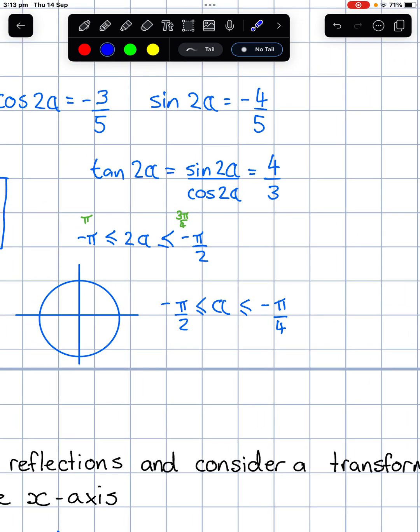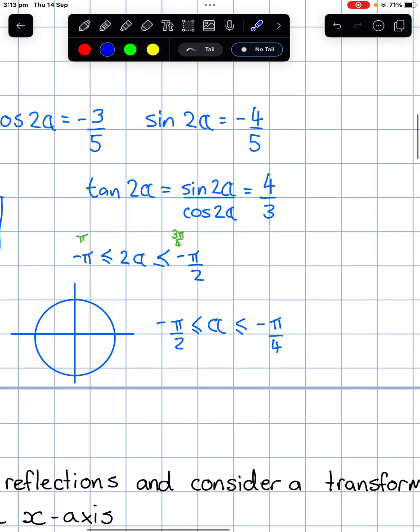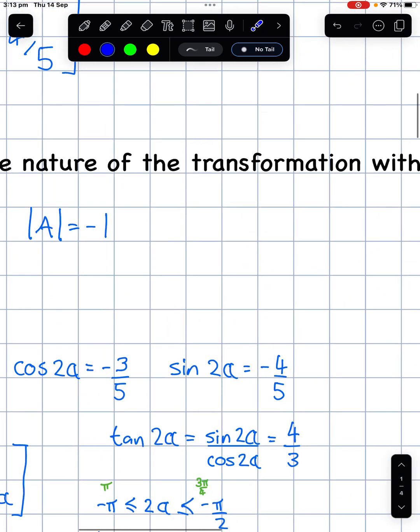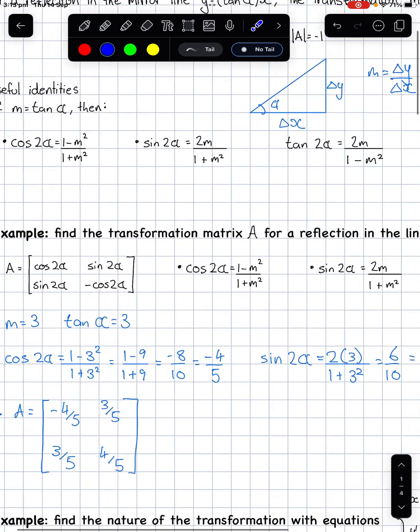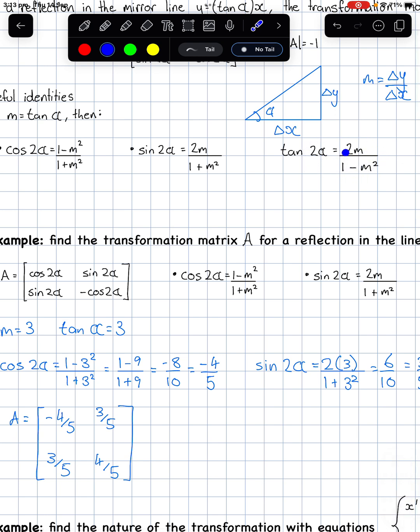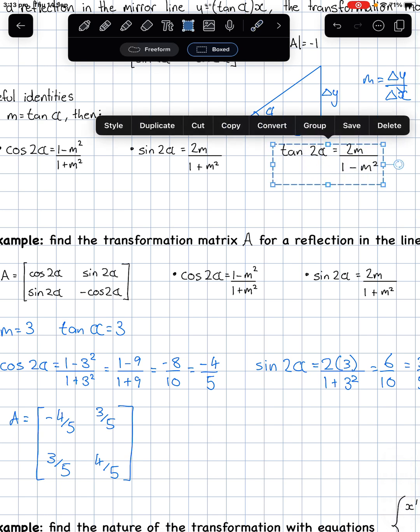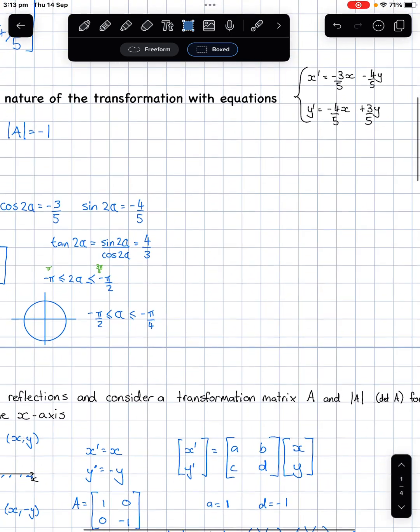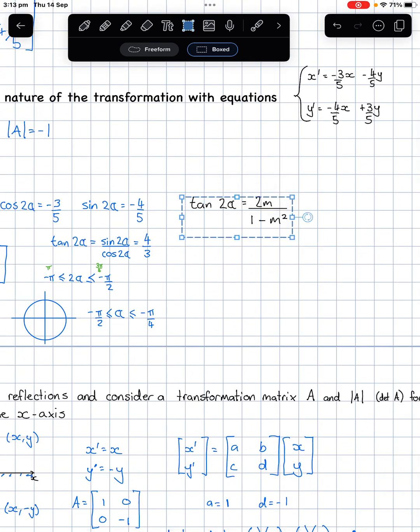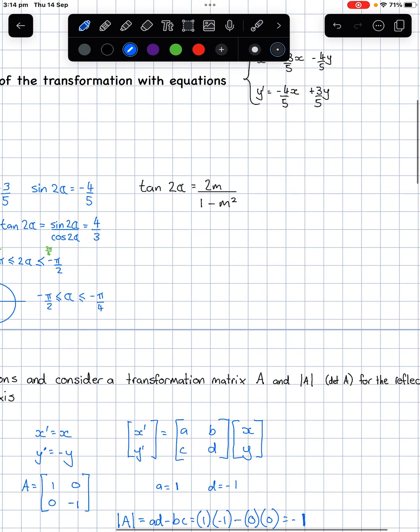Realistically, the tangent one is our best one, because it's got the least amount of square parts in it. Anytime you can use the tan one, it's better. So we'll paste this over here.